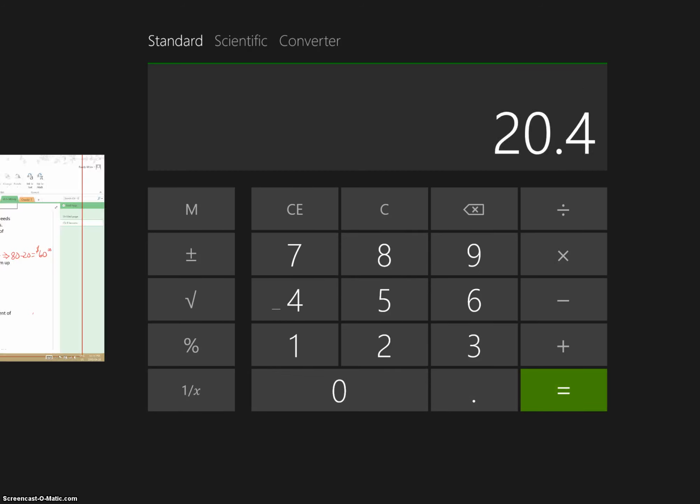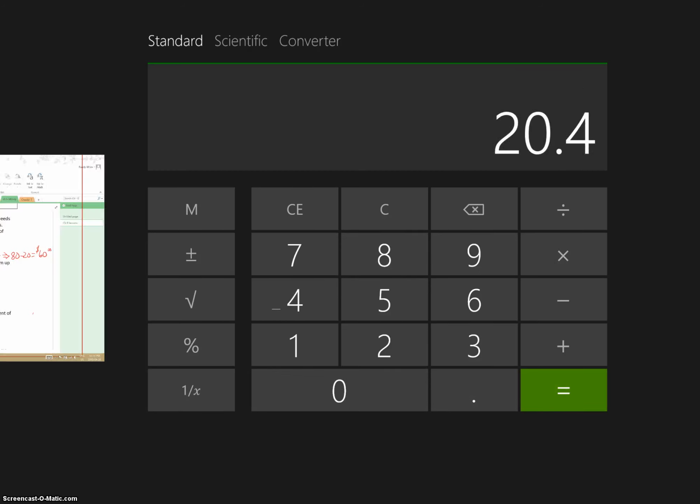So to find out the actual selling price, not sale price, but the selling price, I'm going to take the original plus the increase. So in this case, that's $42.50 plus $20.40.